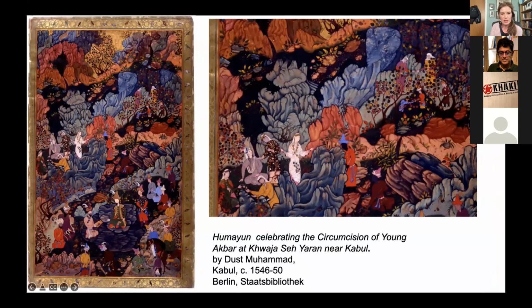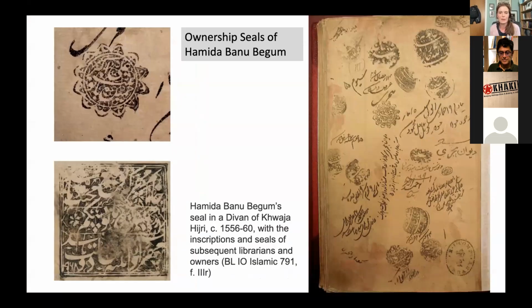And we see here in Laura Parodi's analysis that this is probably the father of Hamida Banu Begum, and he wears the same purple colors of clothes as the little image of Akbar that's being presented to Humayun here. And so we see how there's this great family connection that's being developed.